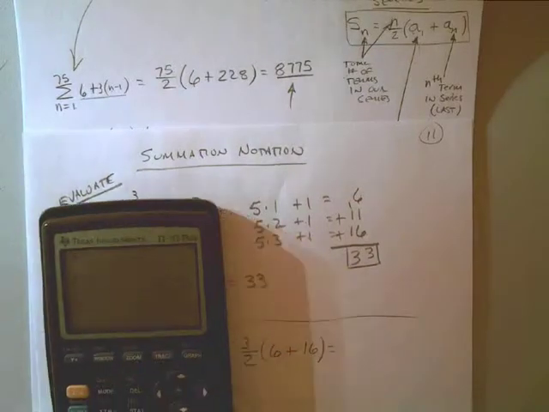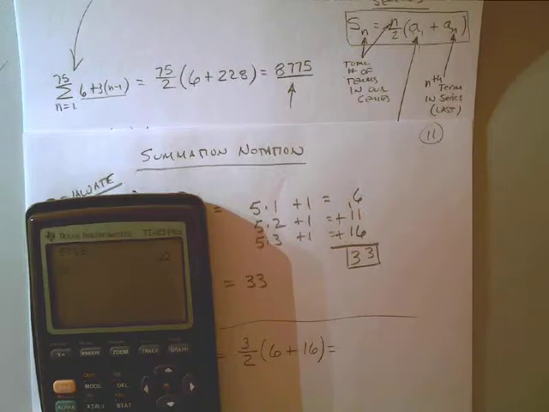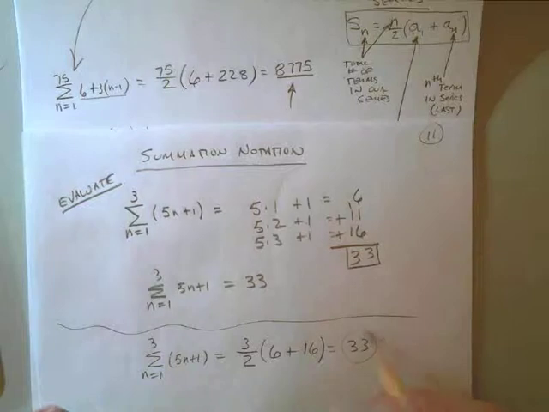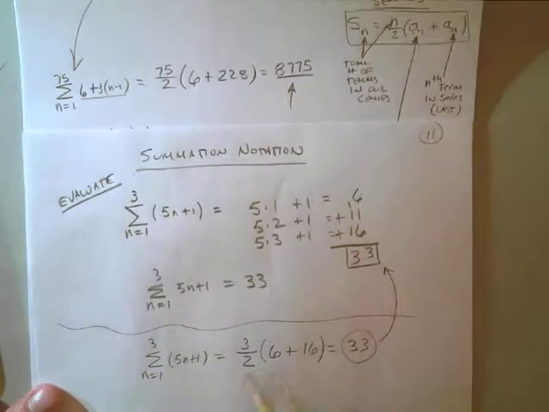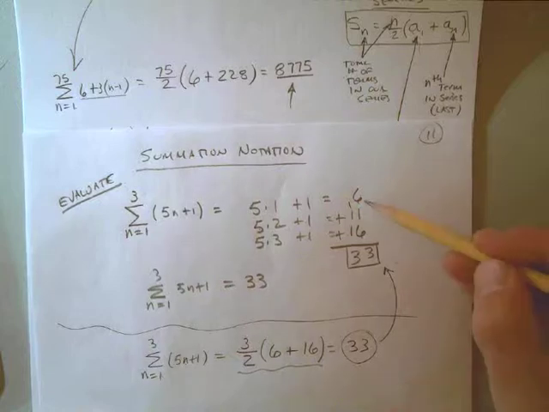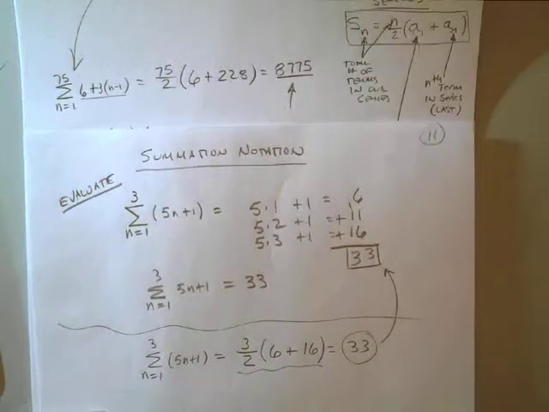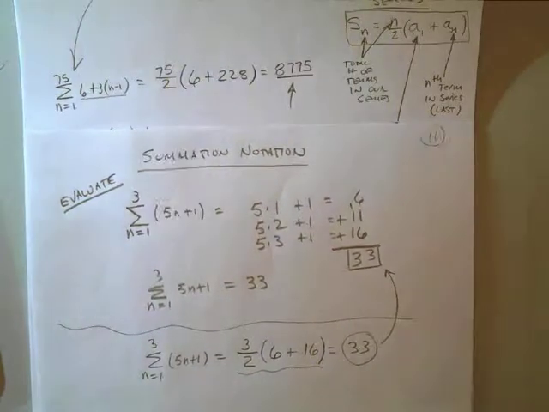And let's see. 6 plus 16 is 22, times the fraction 3 divided by 2. And we get 33. And so you can see that our shortcut formula worked just the same as doing all the work out the long way. So this is a real time saver when you have to add a lot of terms together.